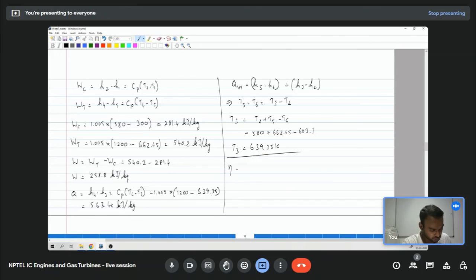Calculating the cycle efficiency, we have W by Qin, which is 258.8 divided by the heat energy input of 563.45. This is 45.93%.